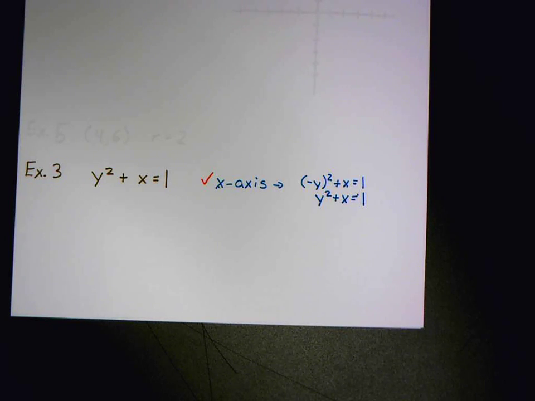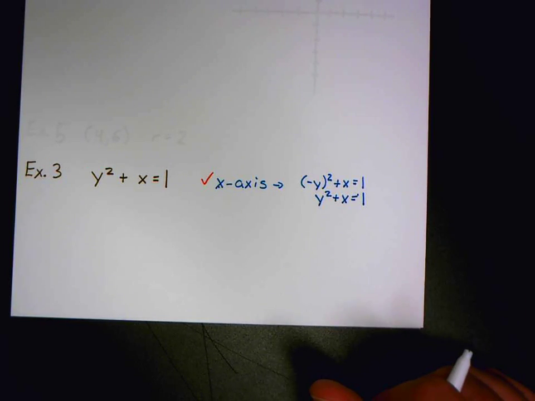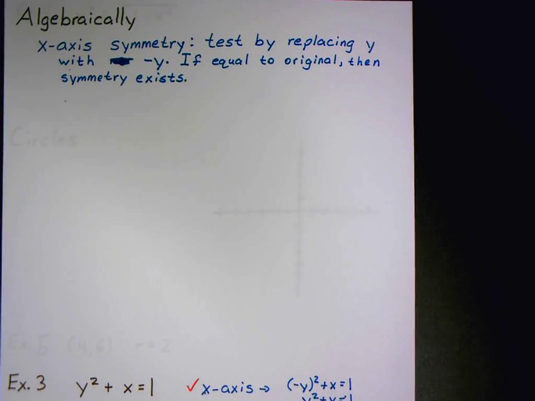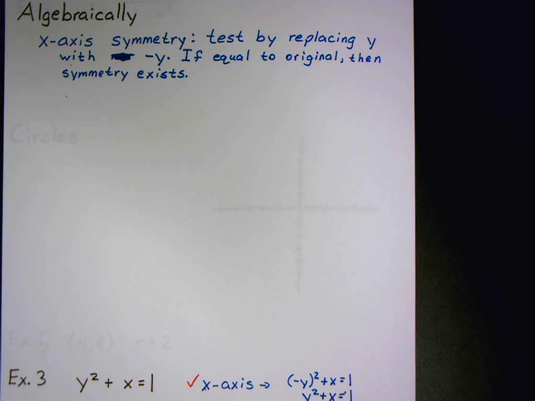So that's how we test for symmetry without having to go to the graph, because it's a pain to graph every single equation that we have to look at. Okay, so then we have similar rules for all the rest of them.